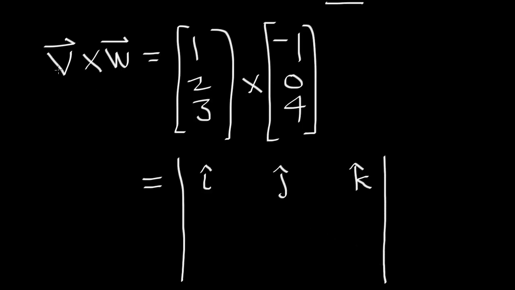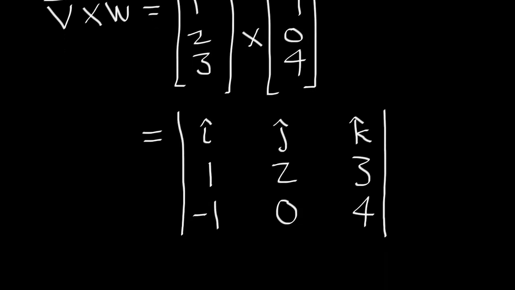And we take v, and we write it in the second row. Whatever's first here has to go in the second row. Whatever's second goes in the third row. So 1, 2, 3. And note that 1 is the i hat direction, so it goes in our i hat, and so on. And then we have -1, 0, 4. Okay, so we're going to take the determinant of this matrix.